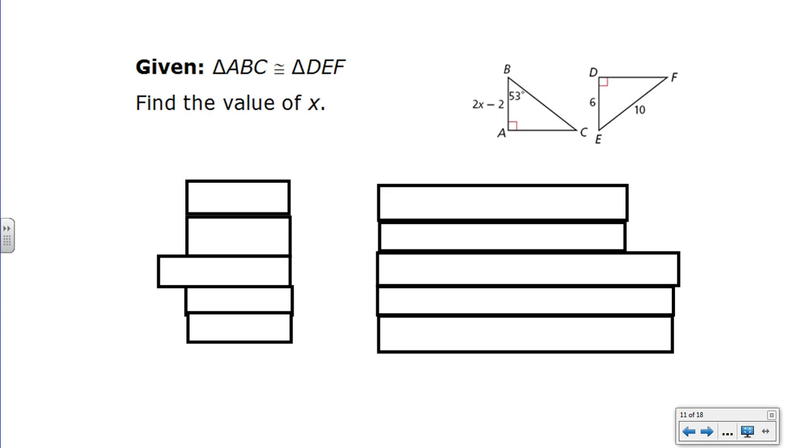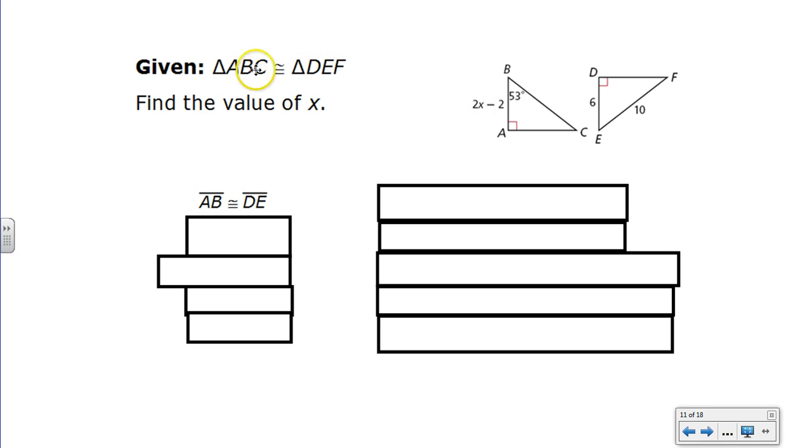Okay, given triangle ABC is congruent to triangle DEF, find the value of x. So what we know here is that these triangles are congruent. So we can say that AB is congruent to DE.